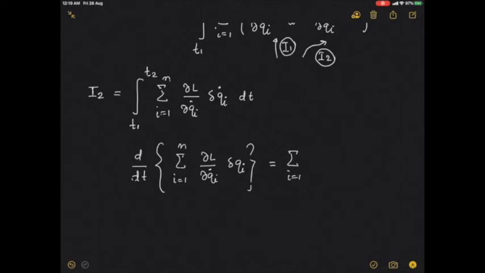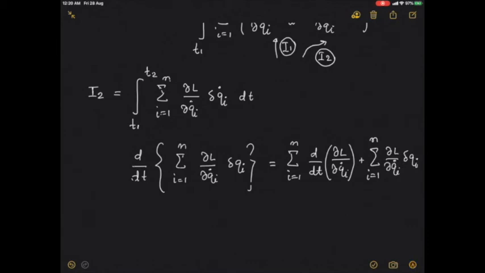And you know what I will do? I'll kill the first function first with the time derivative. So I'll get d/dt of del L del qi dot, and then I get plus the summation over I equals 1 to n del L del qi dot and delta qi dot.